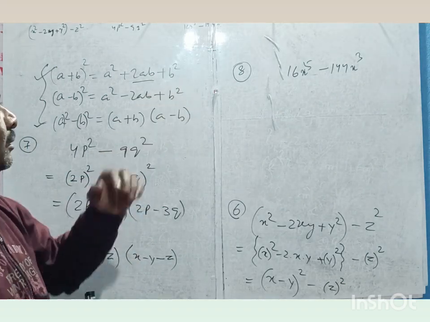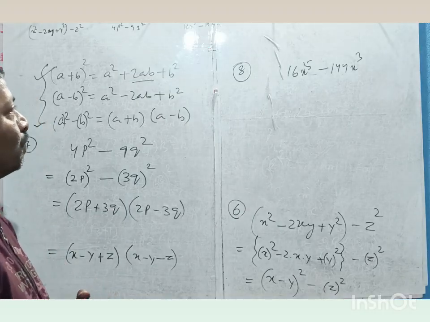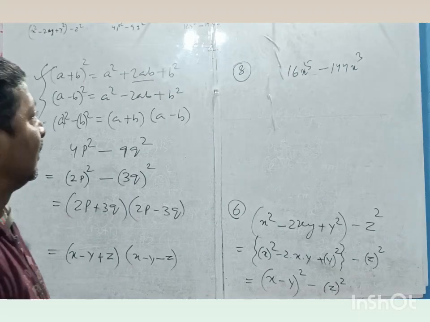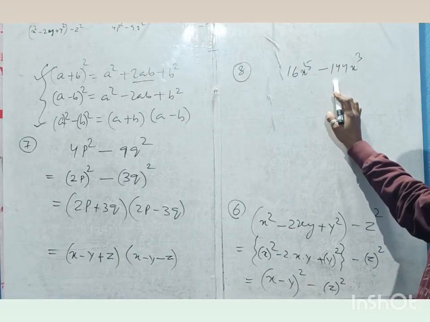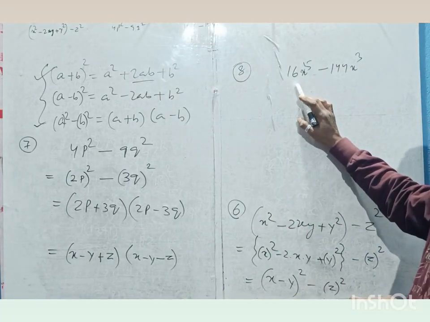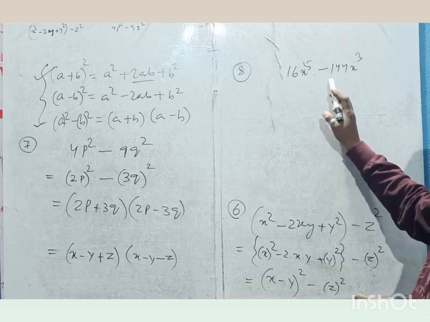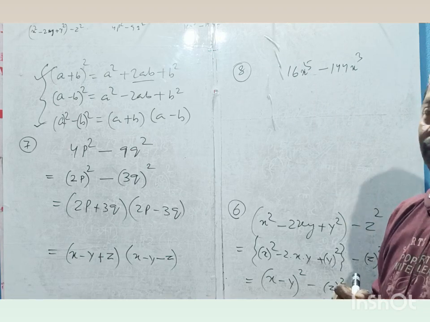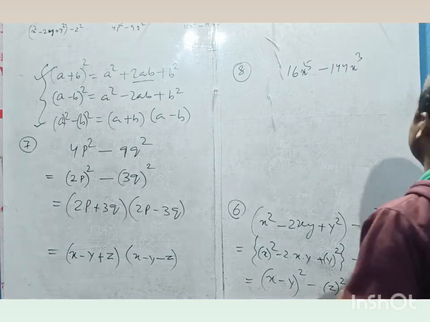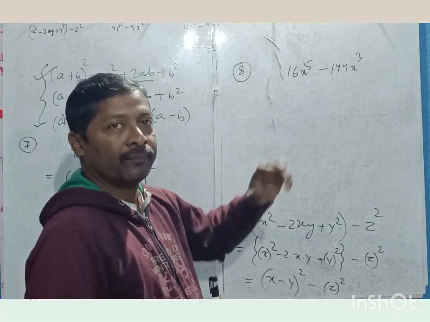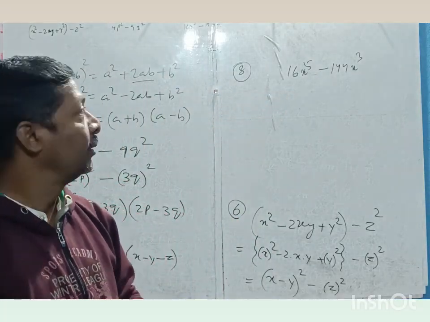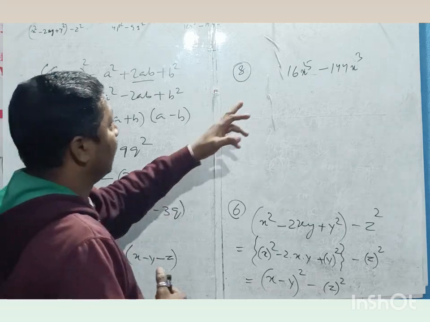So what is common here? You know that 16 is a square, 144 is a square. If there is something common, 2 will be common here, but don't do that, because both are perfect squares. So what will be common here?